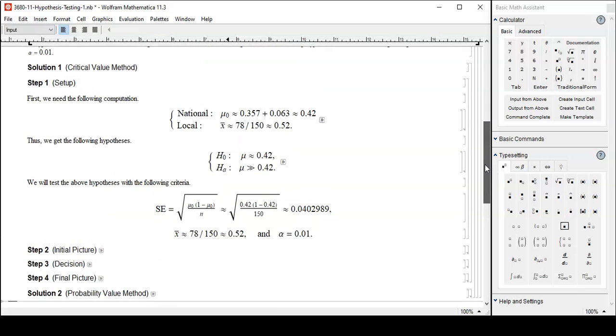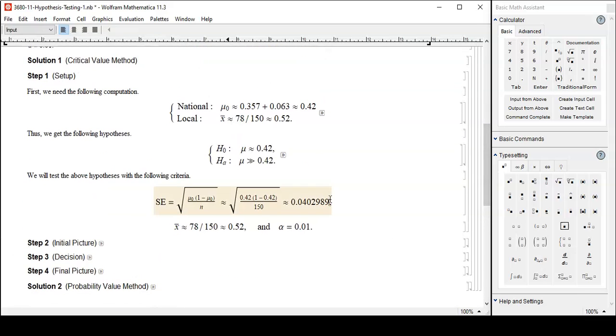Another thing is this one. I usually want you to complete this SE computation at step 1 at the setup stage. Do not postpone, because if you postpone, you may get a little bit confused. Why? Because there are two competing proportions, 0.52, which is observed proportion, and 0.42, which is null proportion. And you have to use null. Do you remember drawing the normal picture?